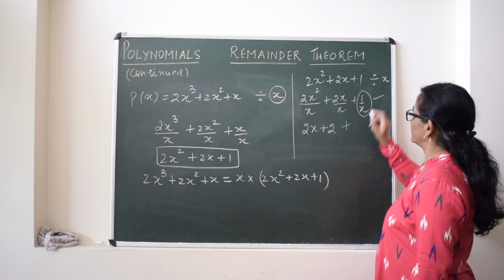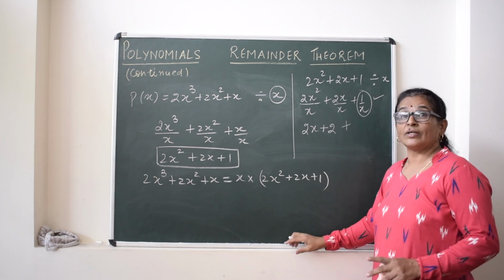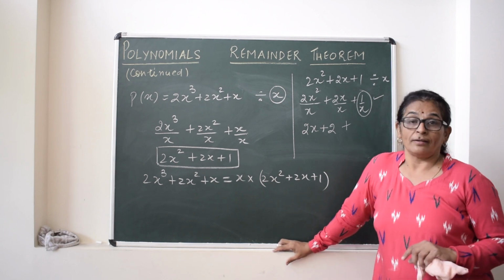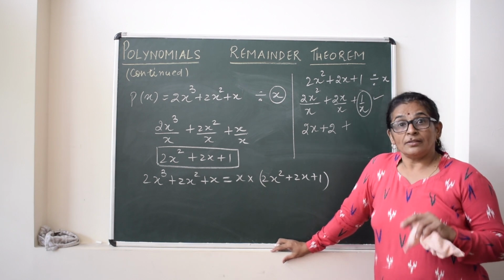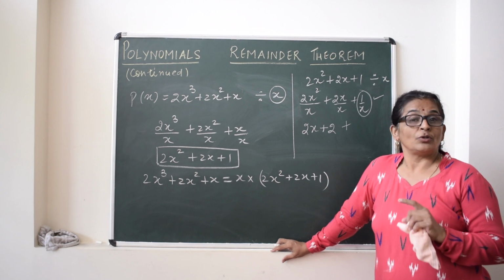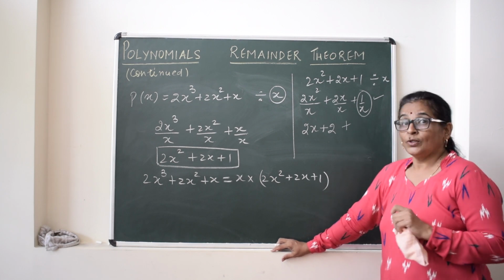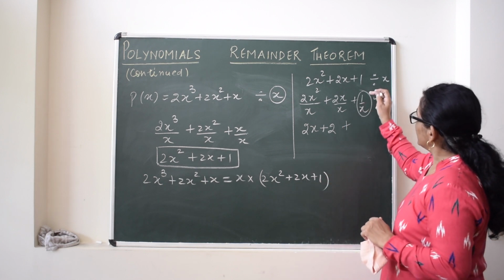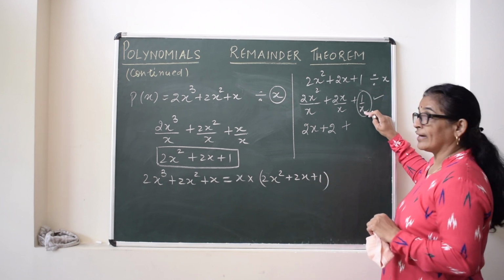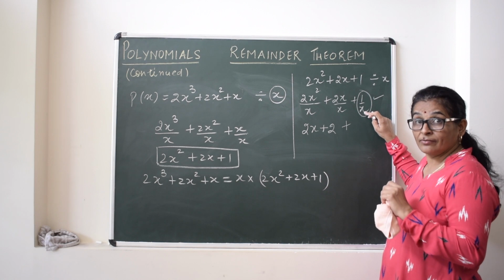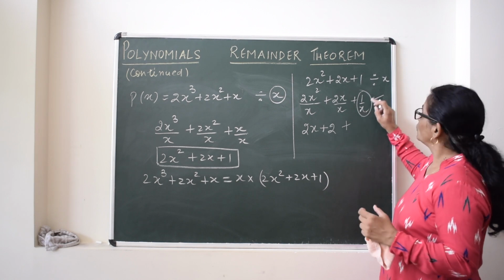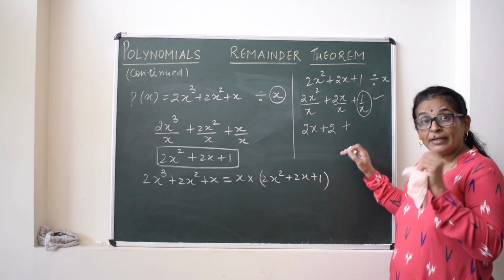Now look at this. This term is not giving us a term of a polynomial, because in a polynomial the power of the variable should not be negative or a fractional number. So in this case, since this 1 is not divided by x because it is not giving us a value as a polynomial, we may say that this 1 will be the remainder.